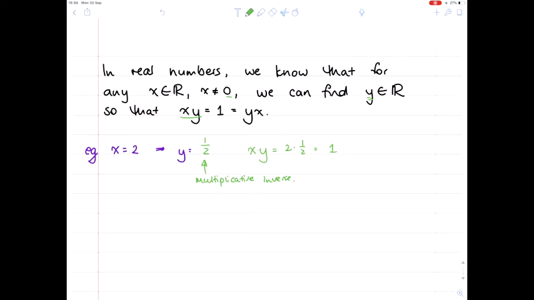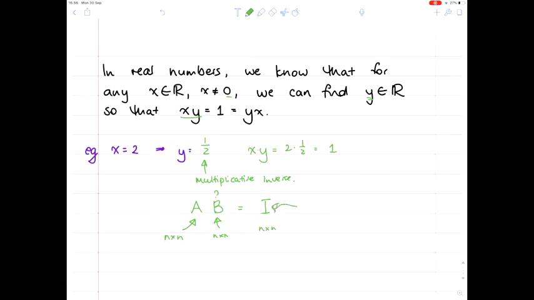Now in matrix language, we want to find if we have some matrix A, which is, for example, n by n, we want to know, can we find some matrix B, which is also n by n, which gives us the n by n identity?